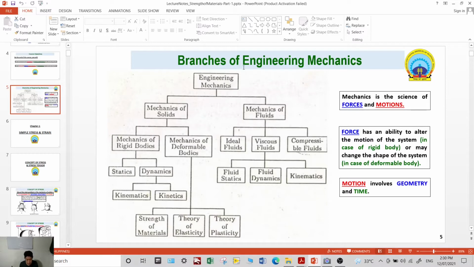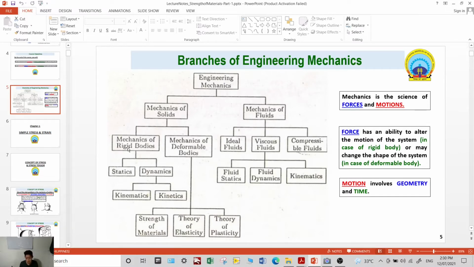Engineering mechanics is broken down into two components. You have the mechanics of solids and the mechanics of liquids or fluids. Under the mechanics of solids, you have the mechanics of rigid bodies.